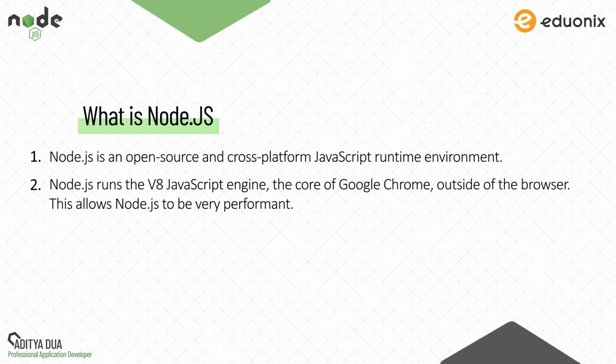Now, consider this website. What is this website all about? This is a site which is running JavaScript. In today's world, most websites run JavaScript, and the current engine being used is termed the V8 JavaScript engine, which is the same engine at the core of Google Chrome, and this allows Node to be very performant.